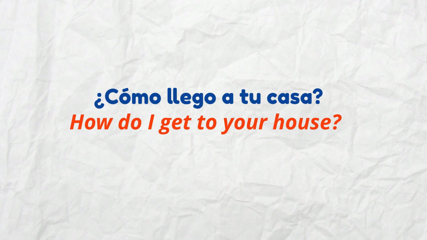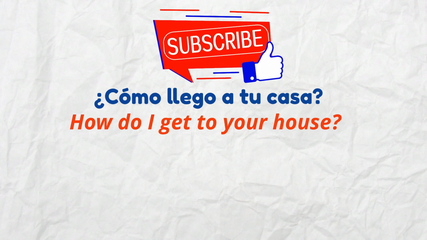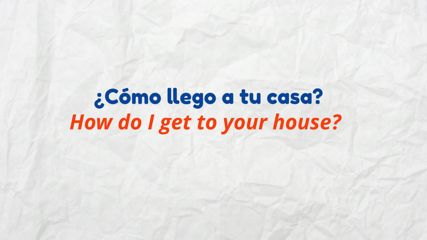And if you wanted to say to your house, a tu casa. A means to. Tu, without the tilde, without the little accent on top of the U, means your. And casa means house. A tu casa. To your house. Easy peasy.